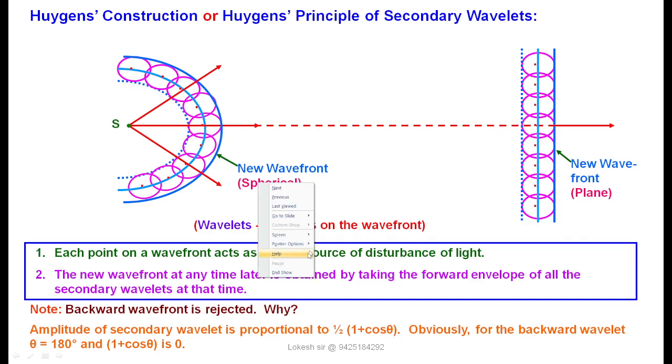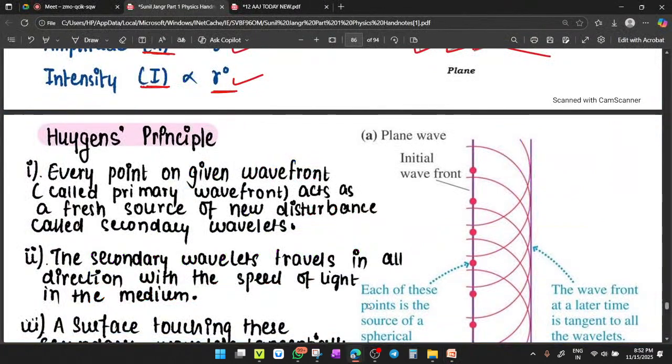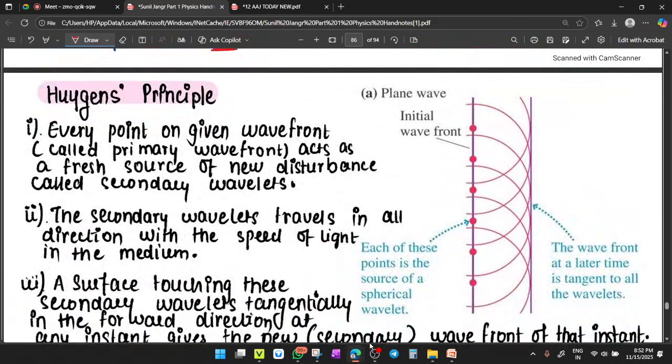Okay, note it. Okay, yes. So Huygens principle, referring to this theory sheet: every point on a given wavefront, called the primary wavefront, acts as a fresh source of new disturbance called a secondary wavelet.